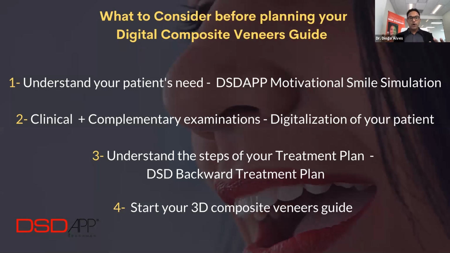Once you know those parameters, then you can start to design your smile, because you want to create a relationship between facial compositions and dental compositions. And then, of course, once you gather all of that information, then you start your 3D composite veneer guides.